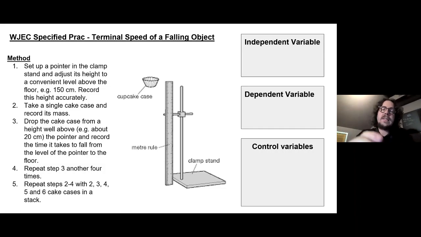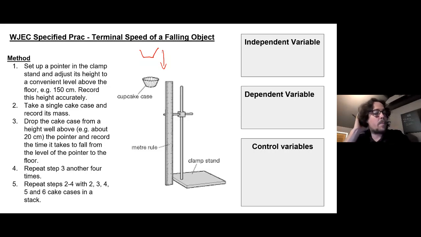So in this investigation, you drop cake cases from above the ruler. You let them fall from up here, right? And they speed up, and very quickly they reach what we call terminal velocity. And then from a set distance, you measure how long it takes for the cake cases to fall through that known distance.